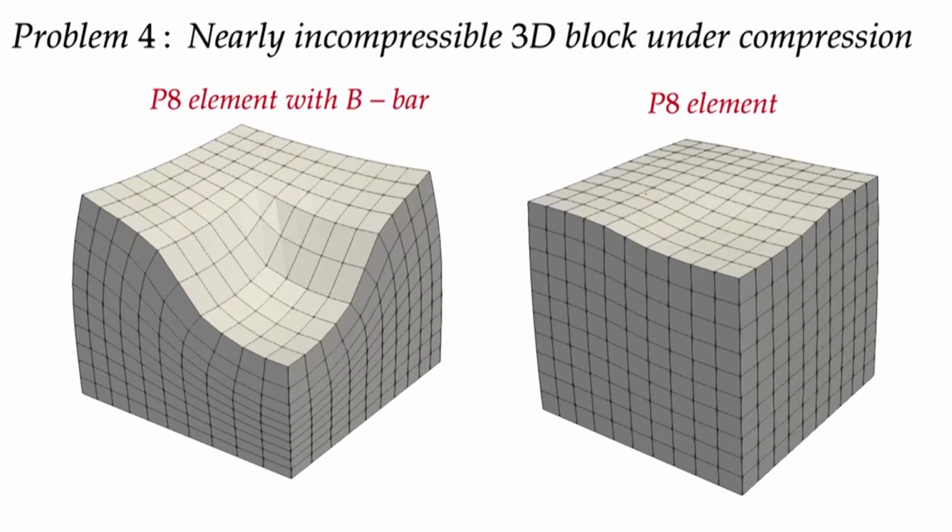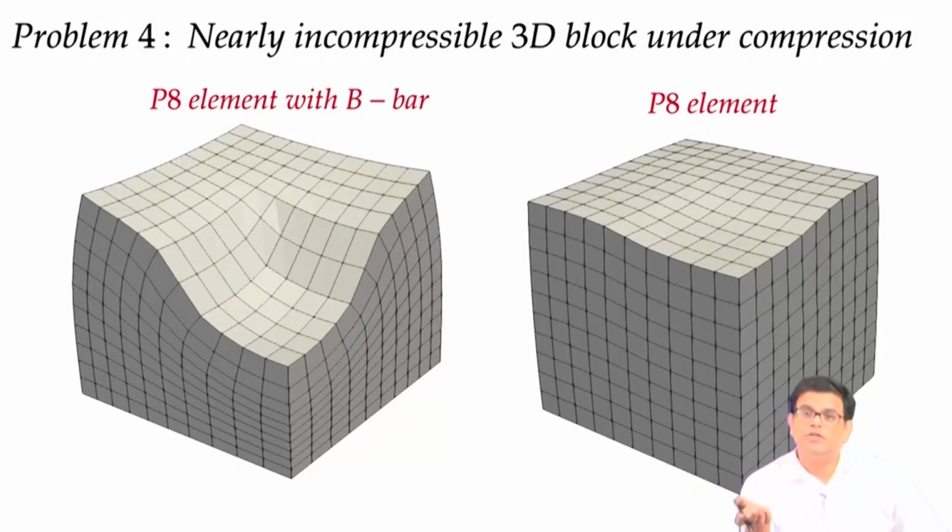On the other hand, if I use the P8 element with the B-bar method, which we have studied for 3D problems, you see the block deformation is proper compared to the standard P8 element. The standard P8 element will lock, so there will be volumetric locking.